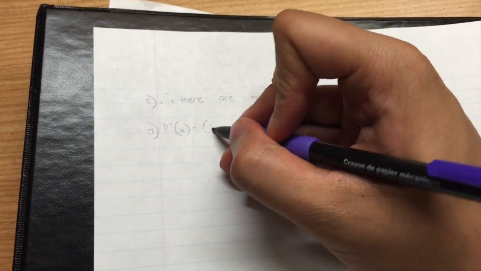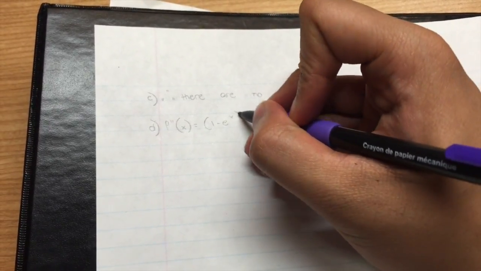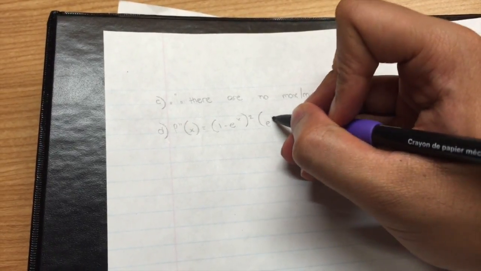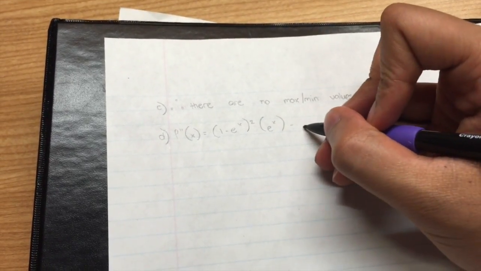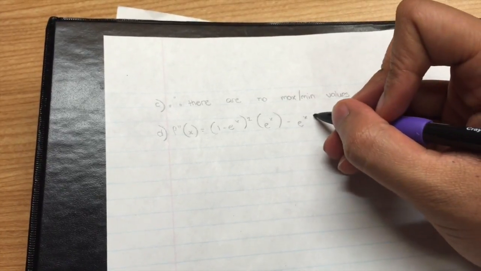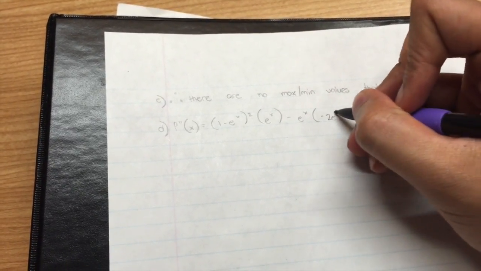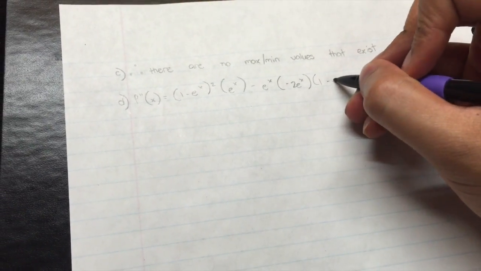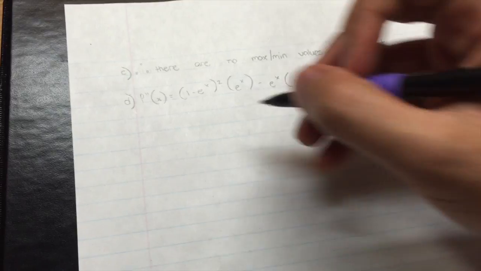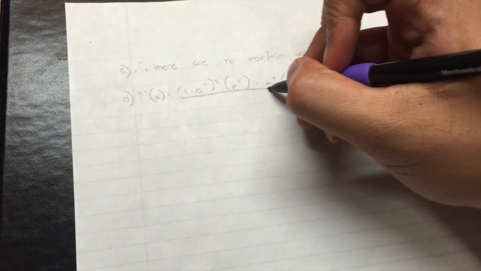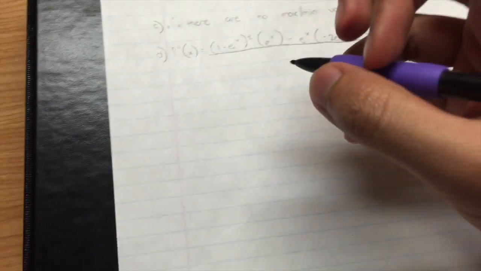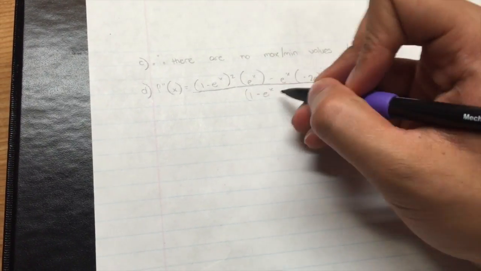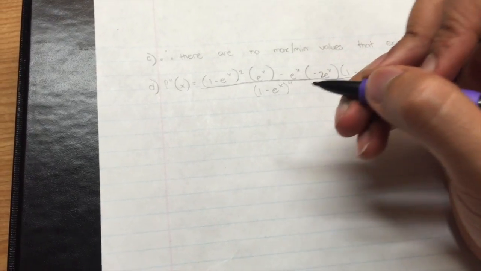So we have 1 minus e to the x squared times e to the x, minus e to the x times negative 2e to the x times 1 minus e to the x, all over 1 minus e to the x to the 4.